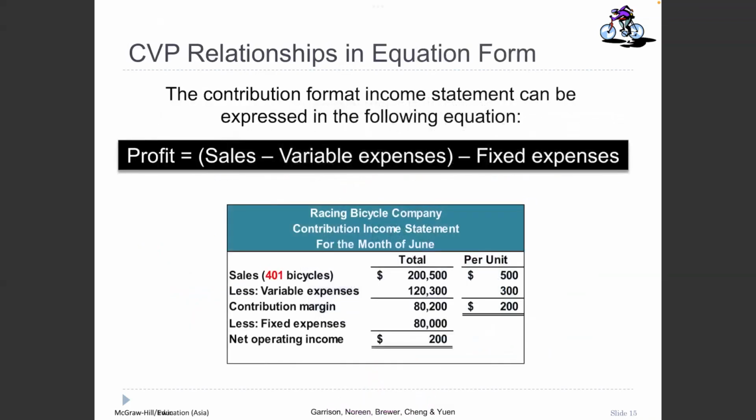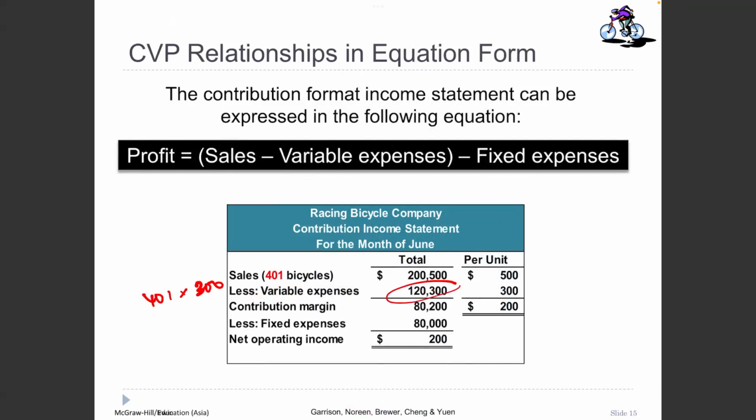Let's look. If you were to draw the income statement, this is how you would draw it. 401 bicycles multiplied by $500, you get 200,500 in sales, minus variable expenses of 401 bikes multiplied by 300.